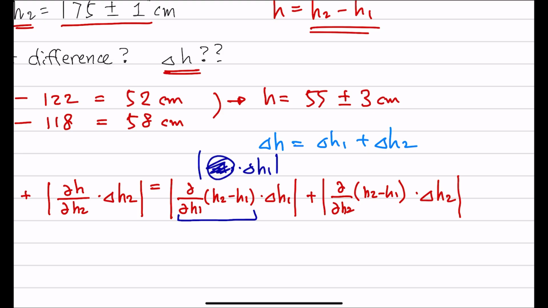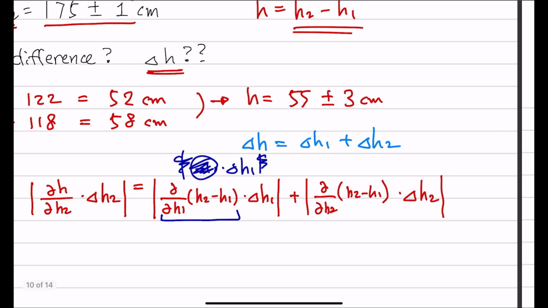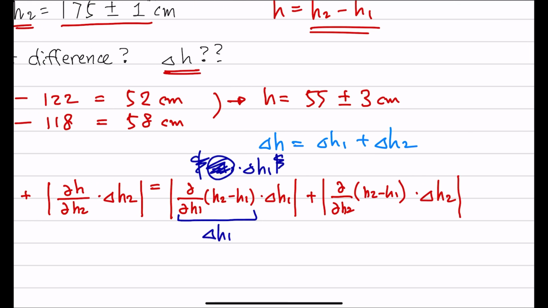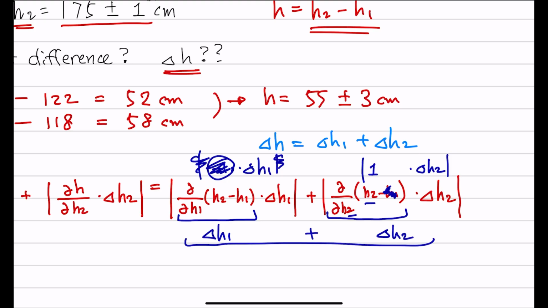So this -1 basically becomes nothing, right? So it's going to be delta H1. And what about this guy? What do we have for that case? Anyone? We have 1 here, right? This is just a constant, so this versus that, we have 1 times delta H2. We have absolute value, so this is basically a delta H2. And we're adding these two together. So we just got that thing.